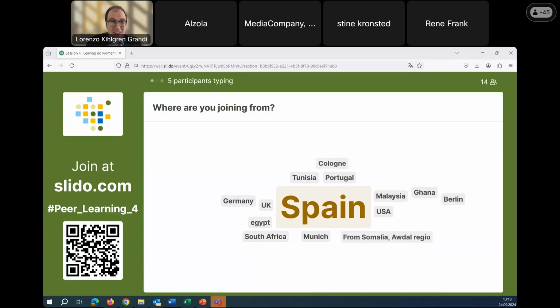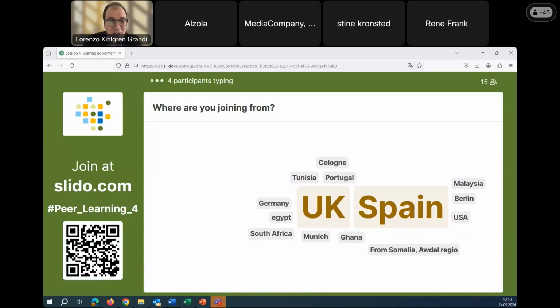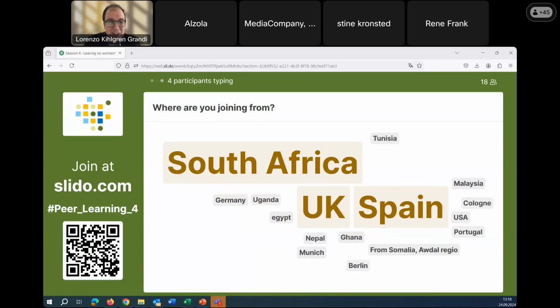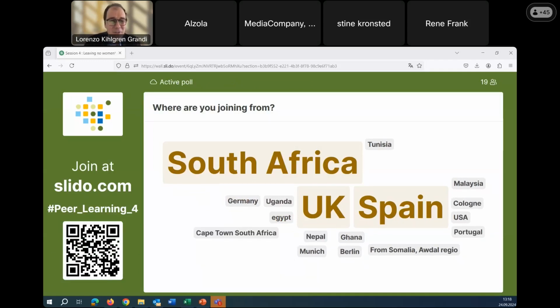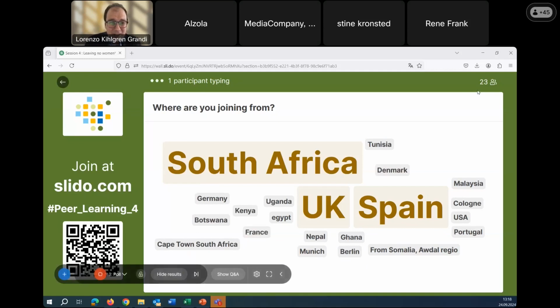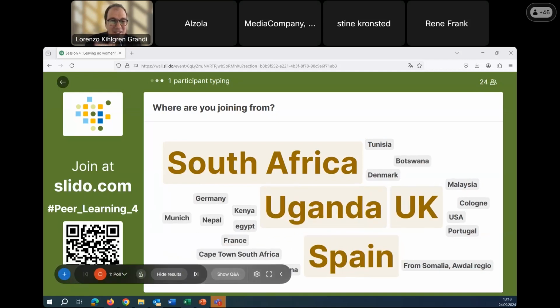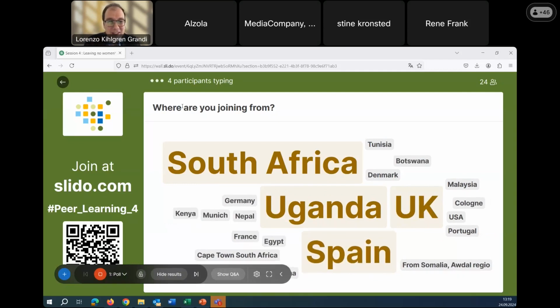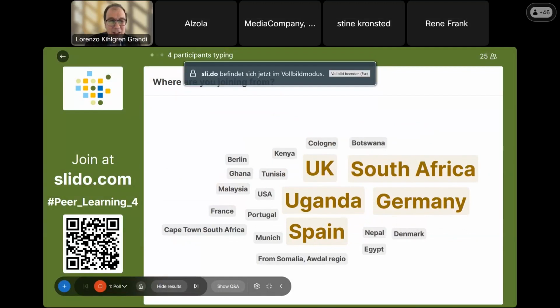We can see Spain, number 1 origin of our public. Oh, I can see the United Kingdom as well, and South Africa. These are the 3 countries where we have the most participants from, but I can see a lot of countries. It's really nice to see how international our audience is. Uganda, I can see a mix of global South and global North countries.